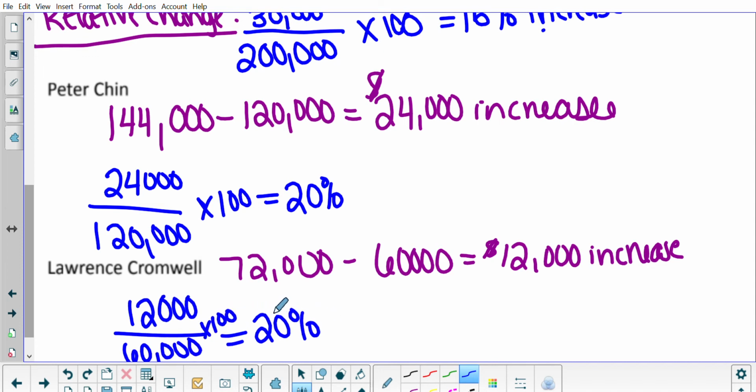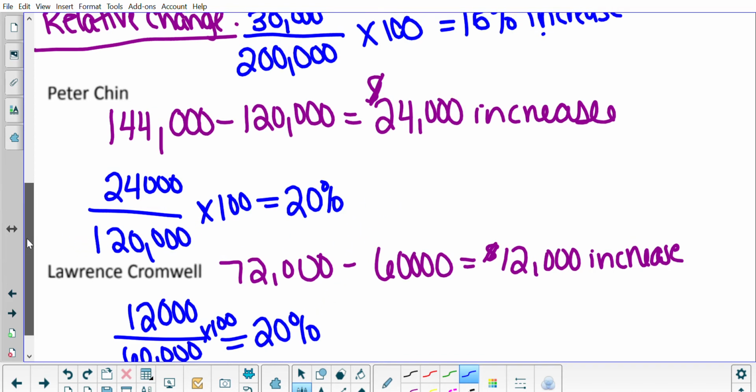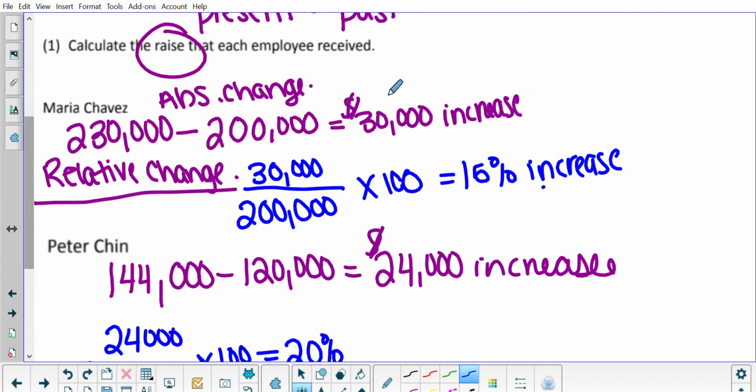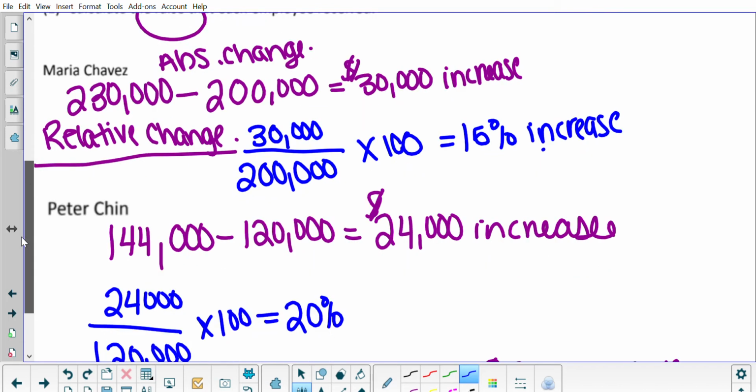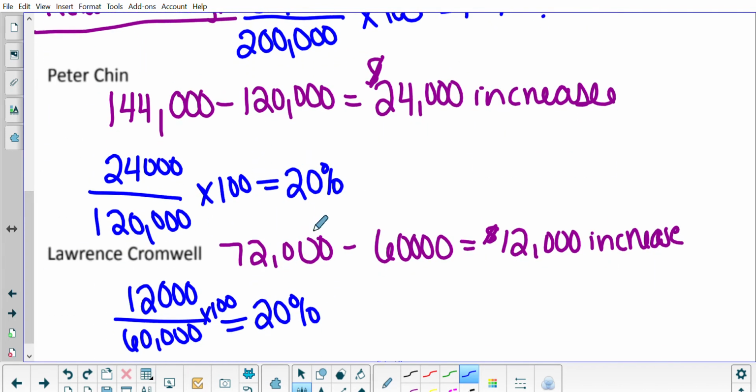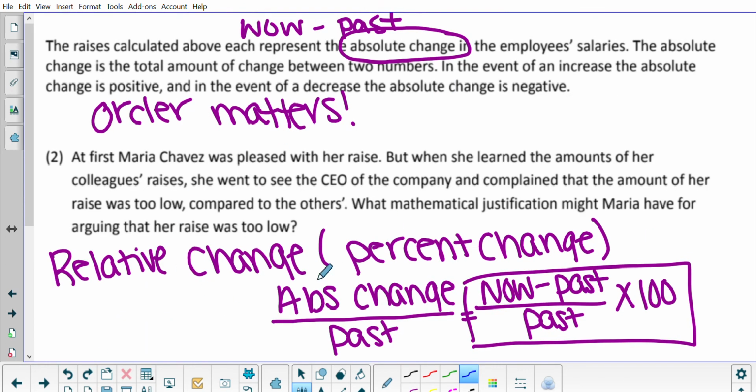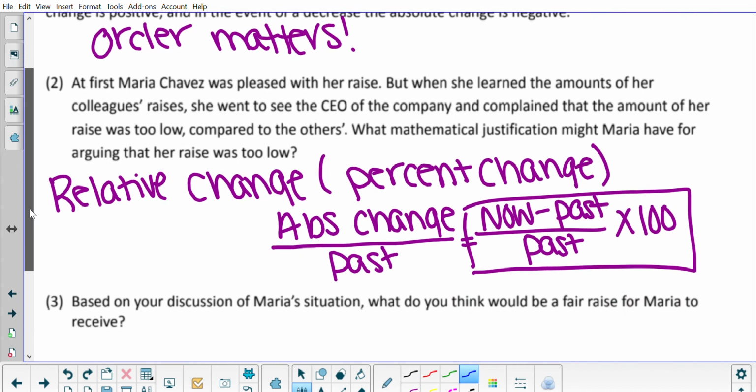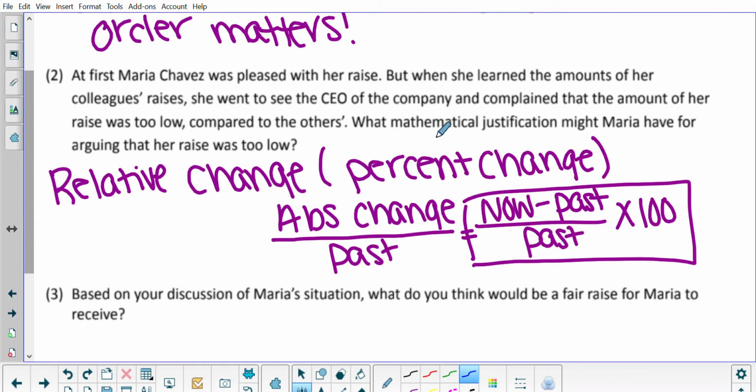All right. So when we look at this, we see, okay, well, Maria had the most increase, but she really technically only increased 15%, where her co-workers increased by 20%. So to answer this question, why is she arguing?